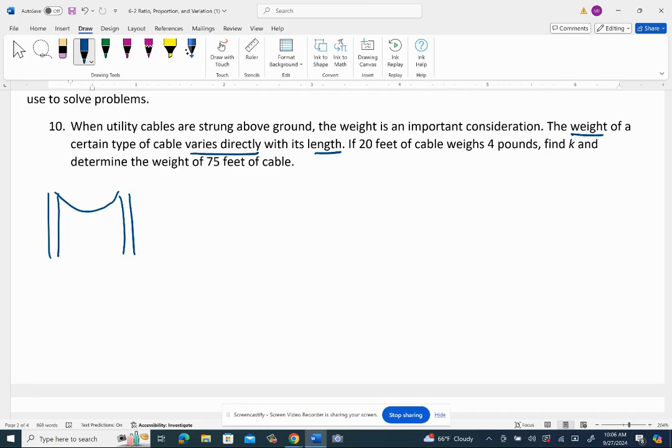So if I let x be the length of the cable and y be the weight, then I can write that y equals k times x.